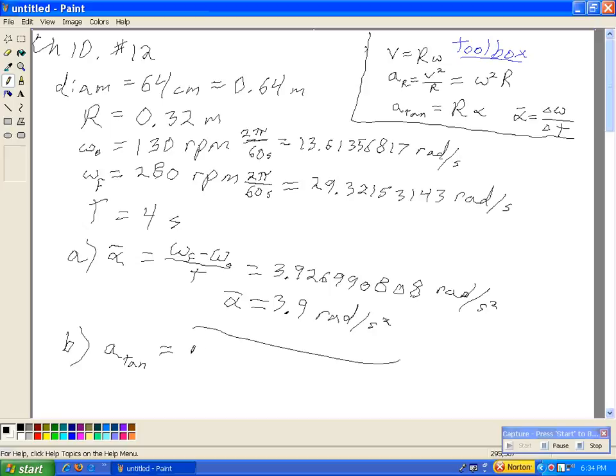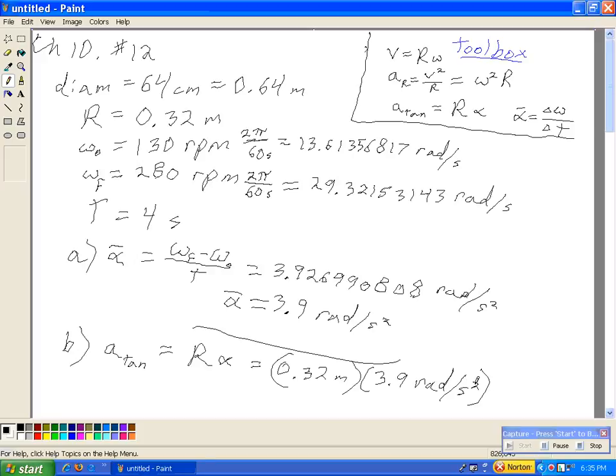The formula to find that is the radius times the angular acceleration. So that's 0.32 meters times 3.9 from the calculator.